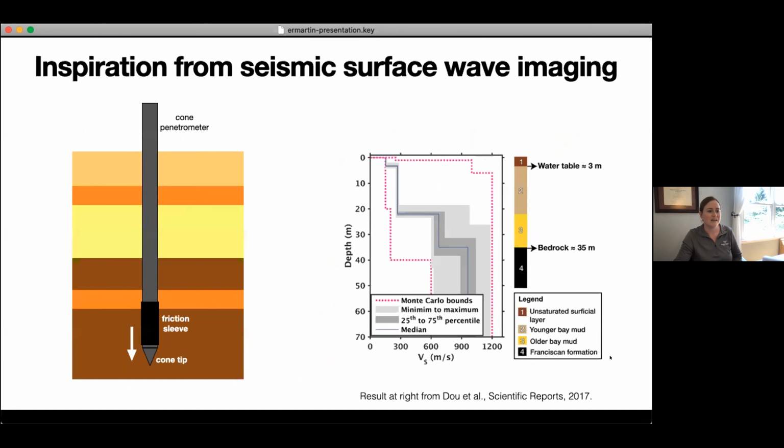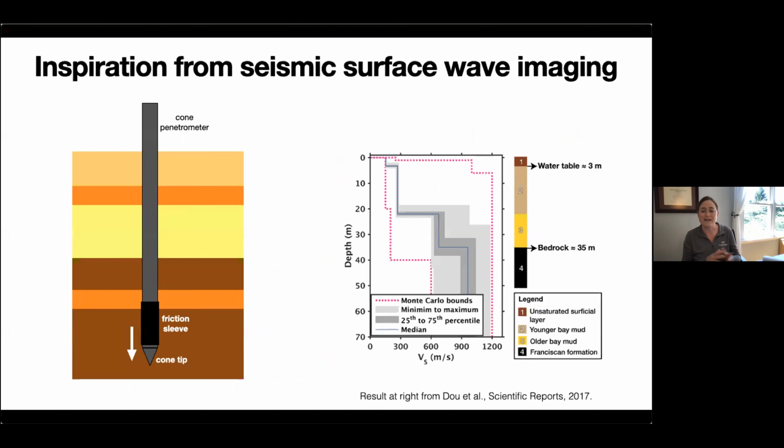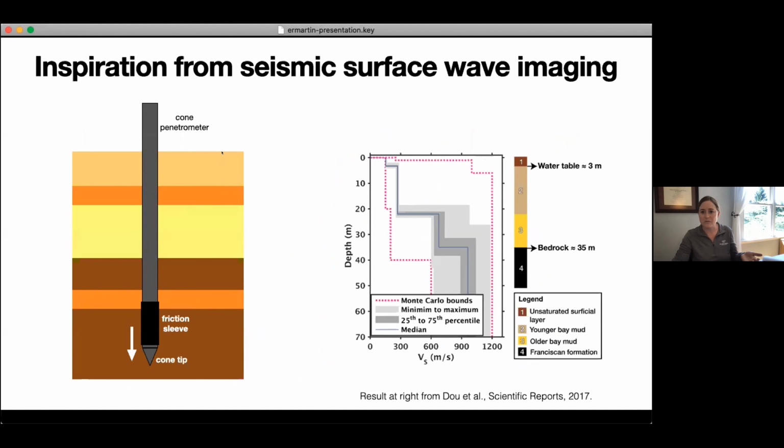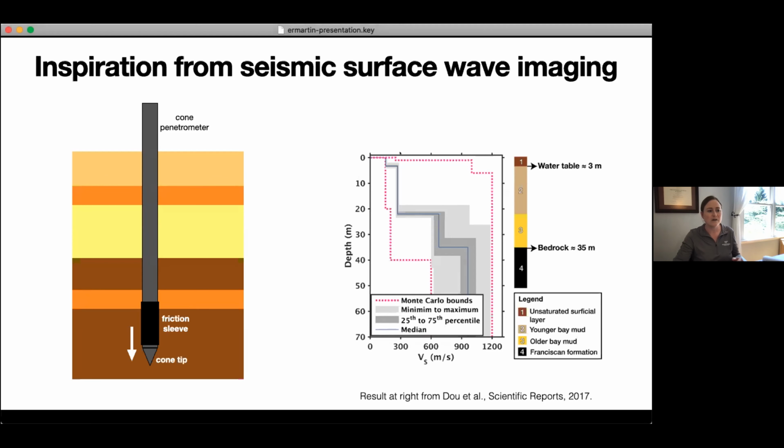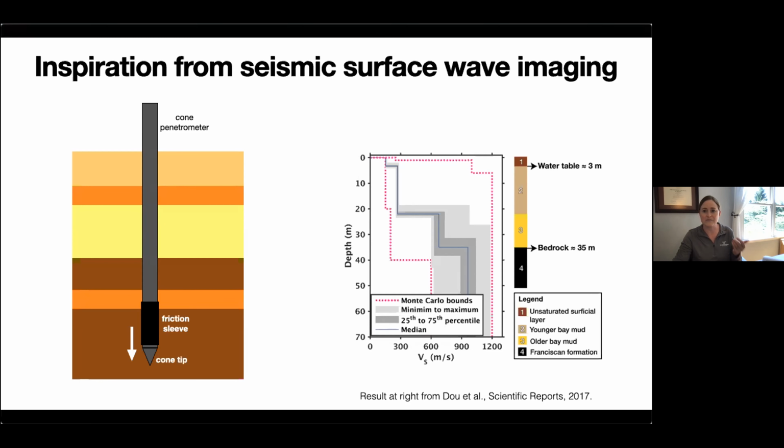But we got some inspiration from seismic surface wave imaging, which our geotech engineer friends were much more comfortable with, because it's a tool that they're already used to having in their field. So just thinking about this cone penetration problem or CPT test problem, we're trying to go for these layered models, right? When people are working with a technique called SASW or MASW, these are both surface wave inversion methods, they're always going for inverse problems where they have a set number of layers for the soil properties.